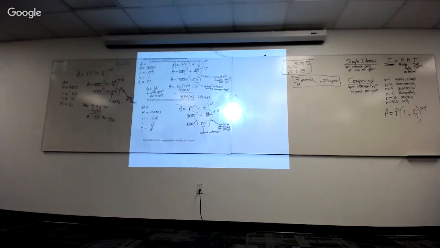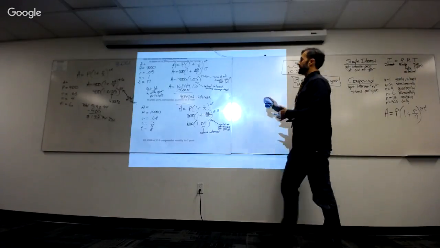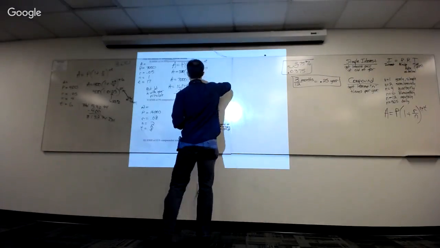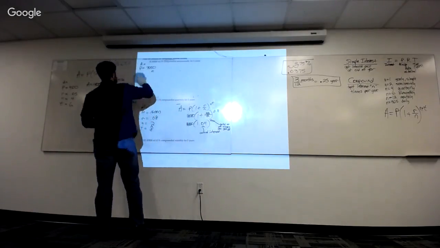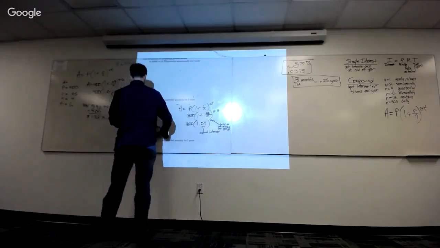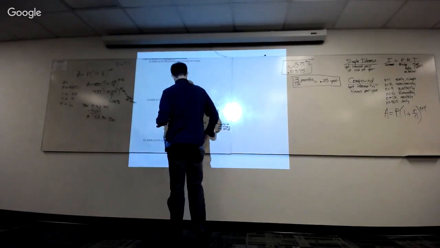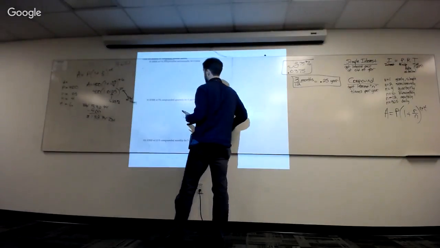And that's what the next couple problems ask for. They just want to know how much interest did you get. They're not interested in the total. They would just like to know the interest that you got. So you'll calculate the total, and then you'll subtract out what your principal was, and then you'll get your answer.